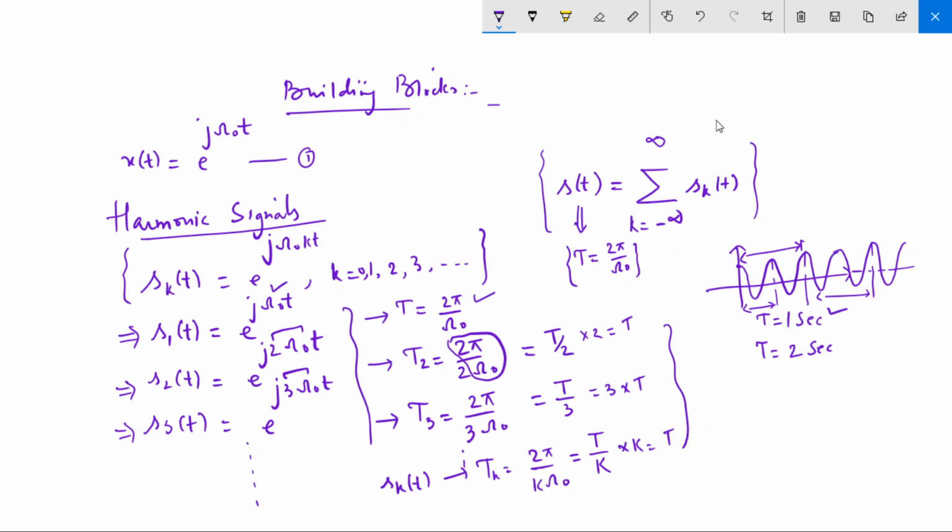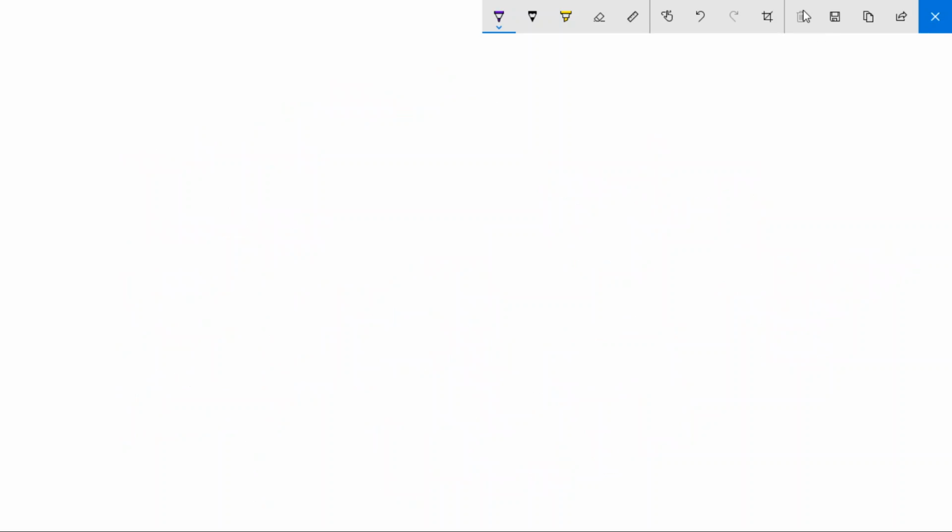So you can write this equation as s(t), which is a linear combination of s_k(t), and this s_k(t) is nothing but e raised to the power j omega naught k t.